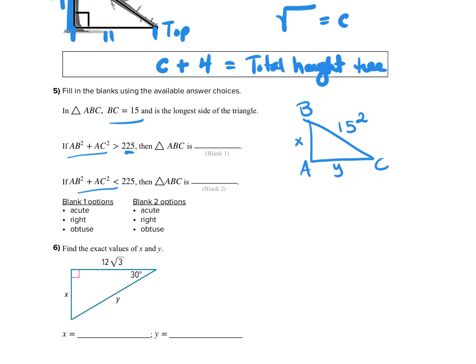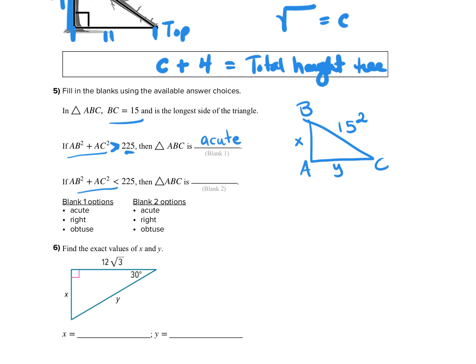Okay, now, the reason I say counterintuitive is because the rule states that if A squared plus B squared, or based on my diagram, X squared plus Y squared, is greater than the longest side squared, then our triangle is actually an acute triangle.